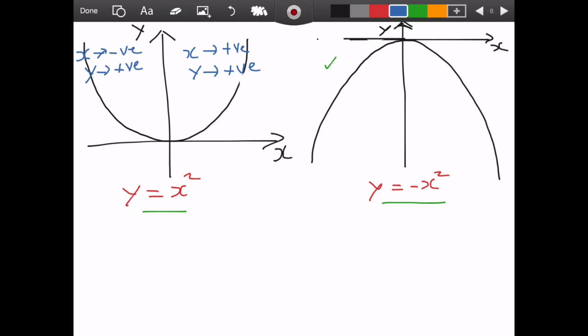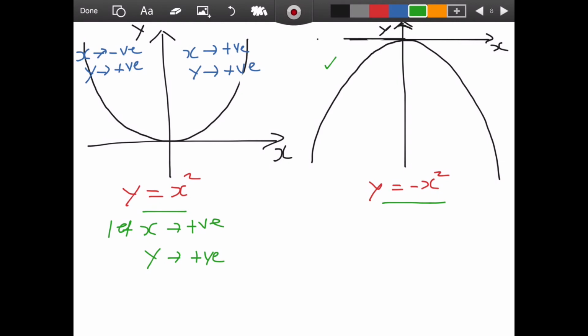We let x to be positive. Let's say it's a positive 1, okay? What is y? Y is 1 square. 1 square is 1, right? So it's a positive 1. So y is positive. When x is positive, y is positive.